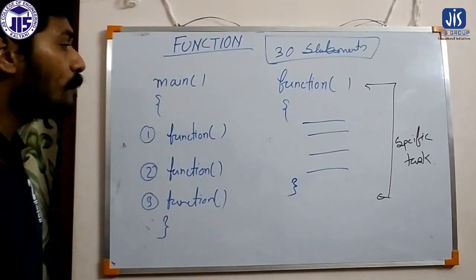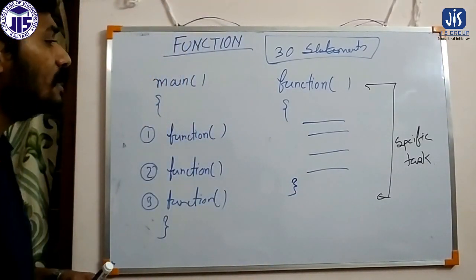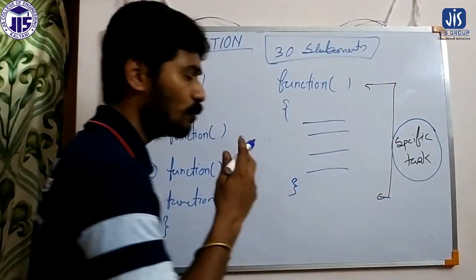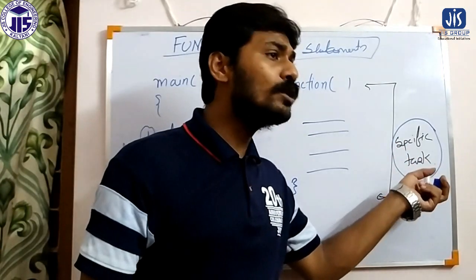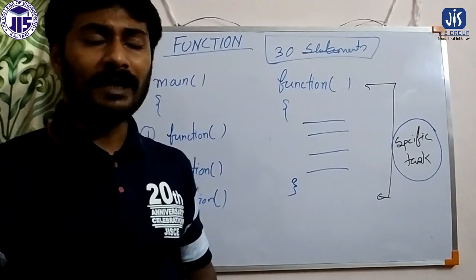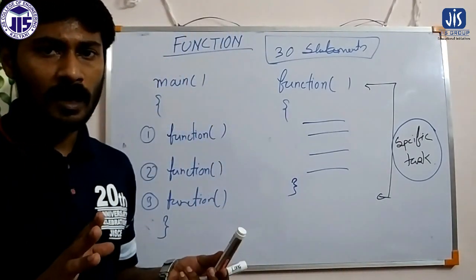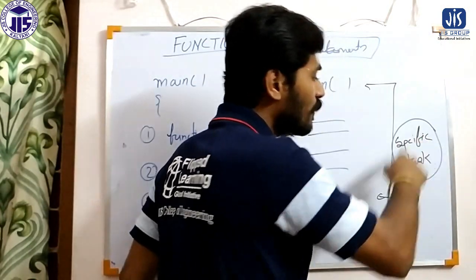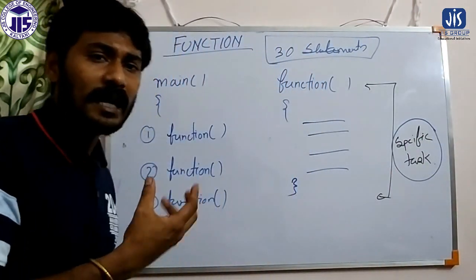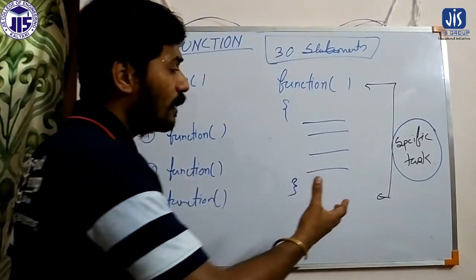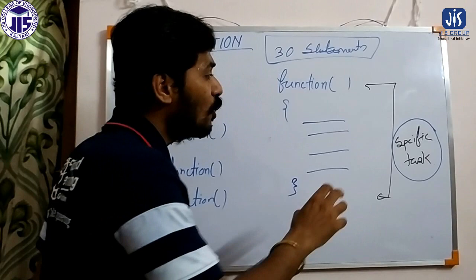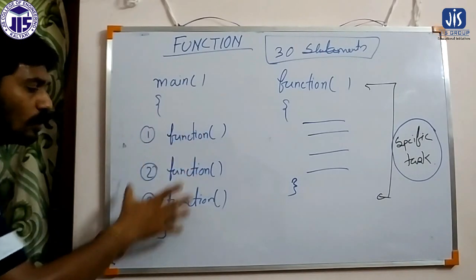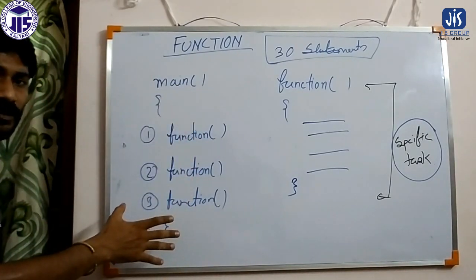if we face a problem in this particular specific task, that is, we have identified that due to this task we are not getting the proper output, but the other parts of the program are working properly, all other statements and tasks are working properly, and only this specific task is giving some runtime error or compile time error, whatever it is, then to find the error we need not go through all the statements of the main program.